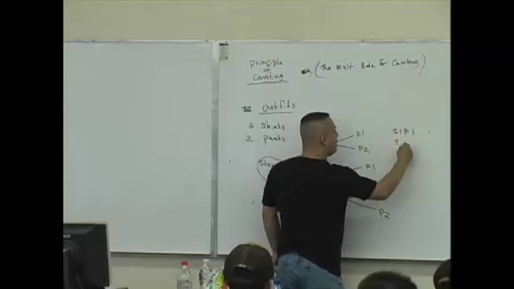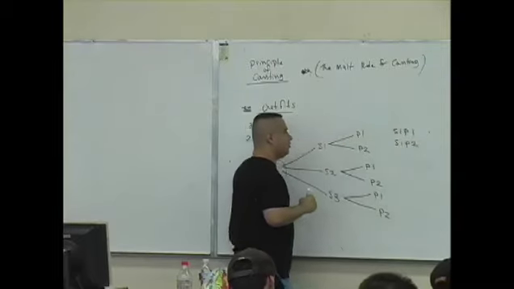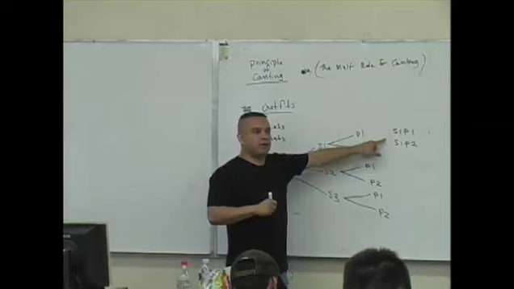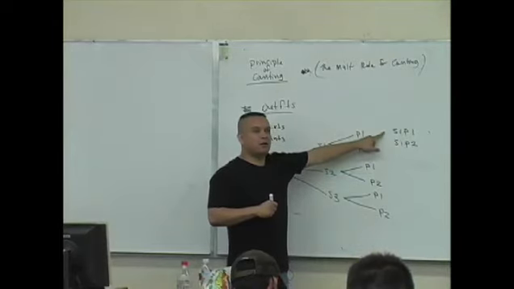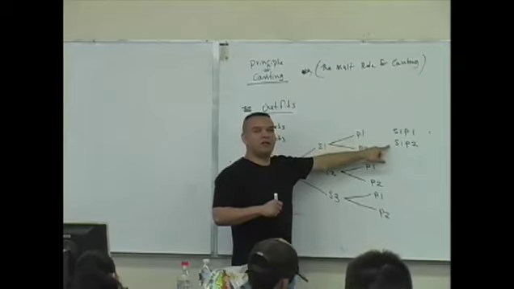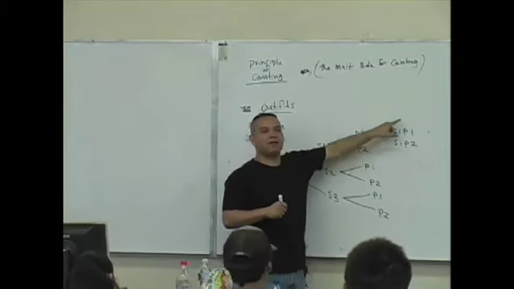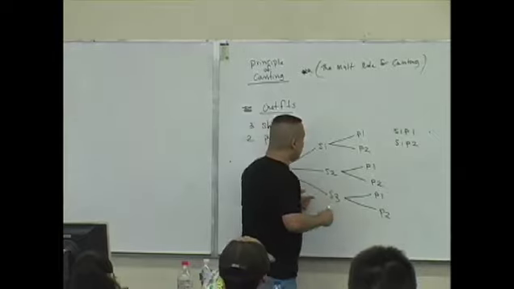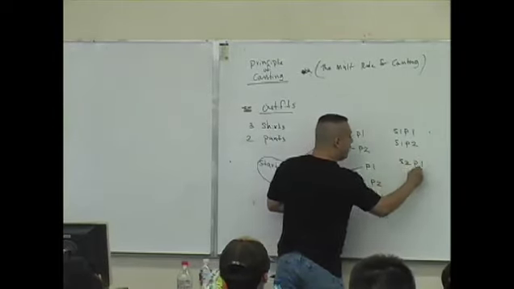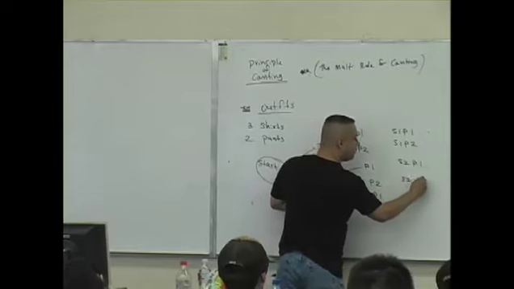Now, when you follow the branches, what do you guys notice? Shirt 1, pant 1. Shirt 1, pant 2. This is one outfit. This is the second outfit. The first 2 outfits share the same shirt. They just have different pants.